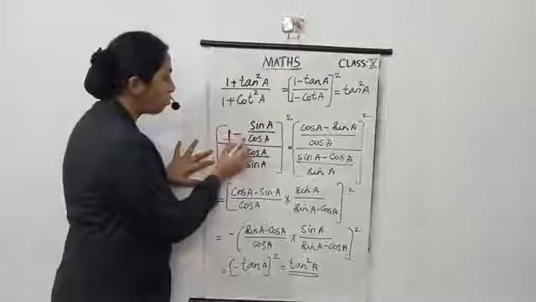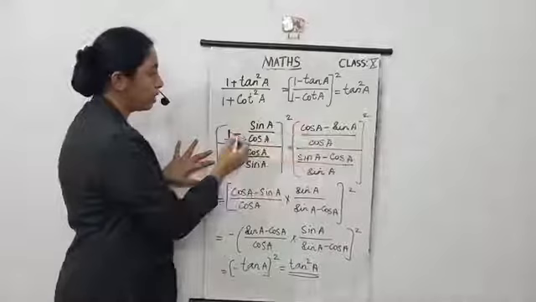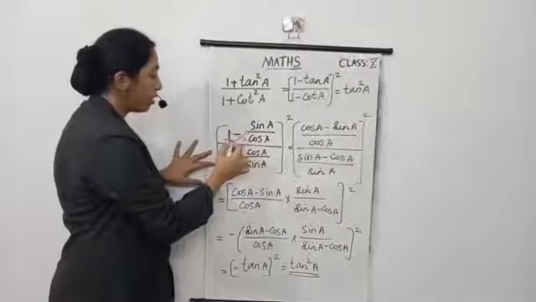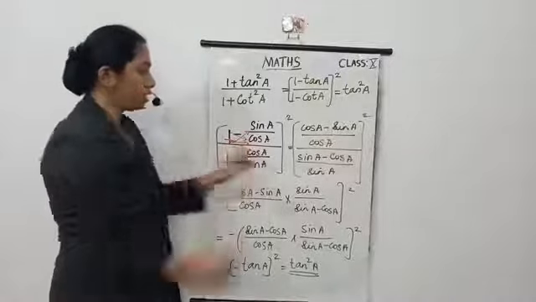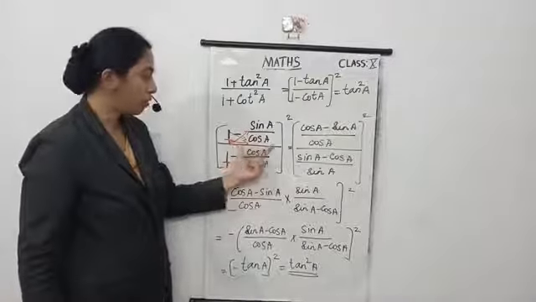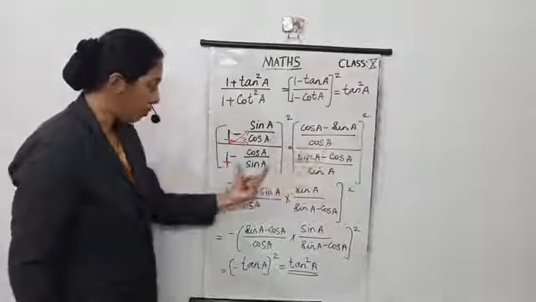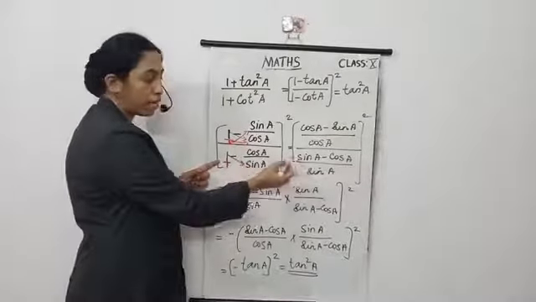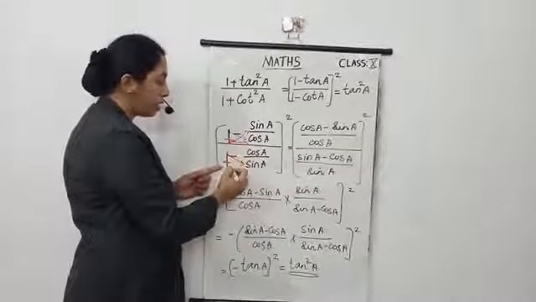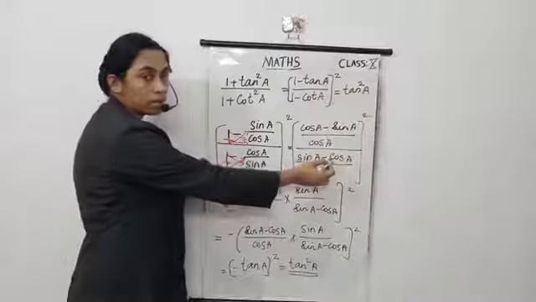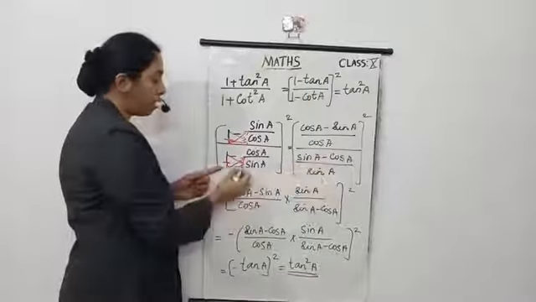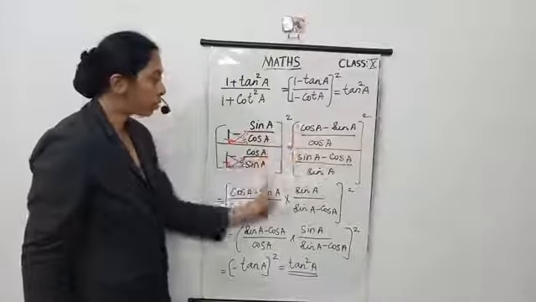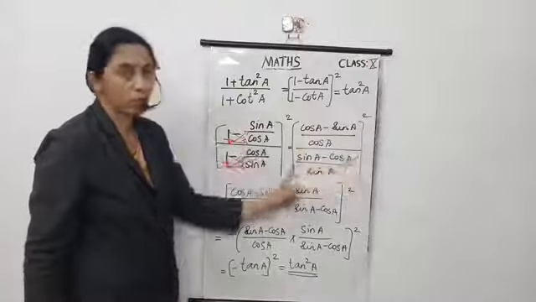So 1 into cos A is cos A. Then this minus 1 into sin A is sin A. Then this 1 into cos A is cos A. Then all divided by next portion. 1 into sin A is sin A. Then this minus this 1 into cos A is cos A by 1 into sin A is sin A. So we get it. Then here all square. So put that all square.